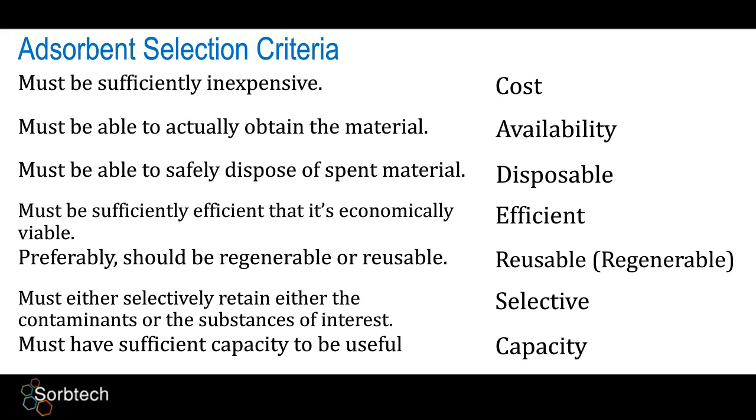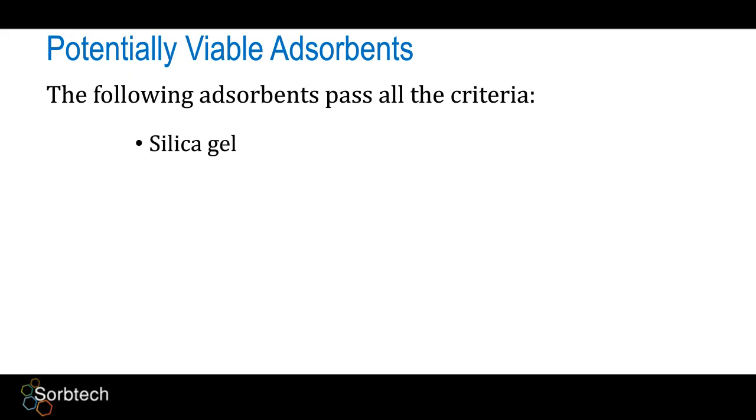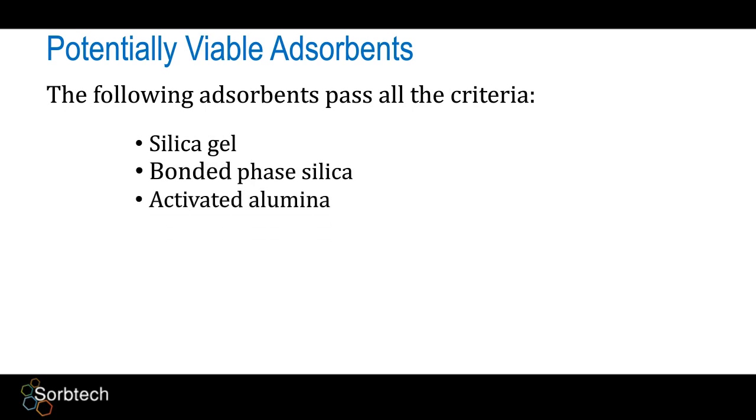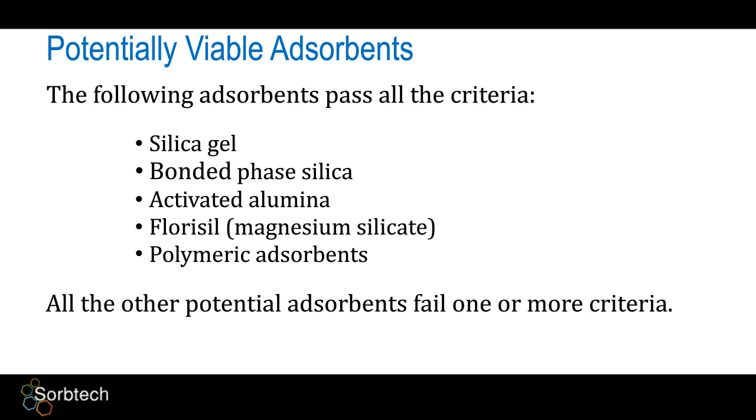If you apply these criteria, only the following adsorbents pass all the criteria for being viable: silica gel, normal phase silica gel, bonded phase silica gel, activated alumina, Florisil, and polymeric adsorbents. All the other potential adsorbents fail one or more criteria.